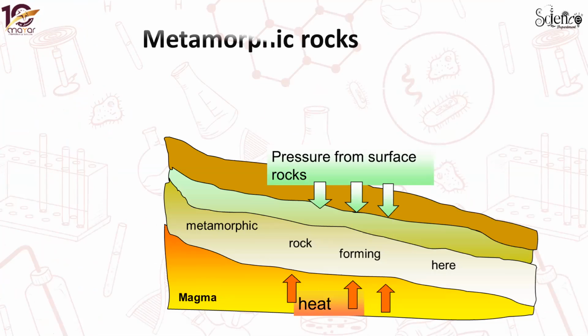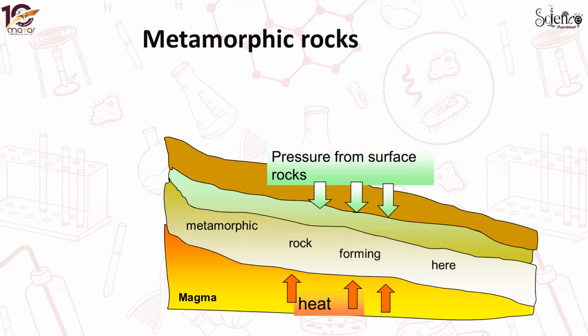The last type of rocks is metamorphic rocks. Now, metamorphic rocks, think of them as an igneous or sedimentary rock. They have an origin of igneous or sedimentary rock that is put under pressure and temperature.